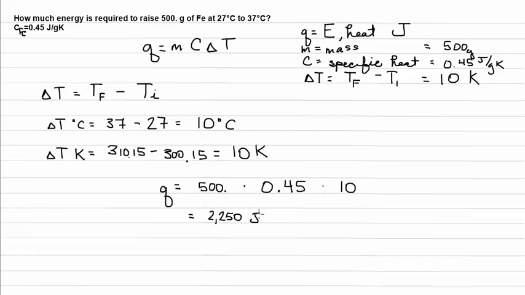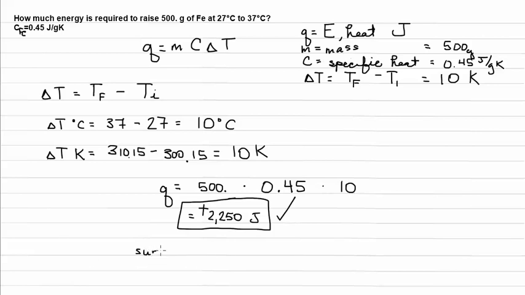Now you need to take a step back and think about this for a second and make sure you have the right sign. The iron is getting hotter. Since the iron is getting hotter, it is gaining energy. Gaining energy should be a positive value, and that's what we got, so that makes sense. So if it took 2,250 joules in order to raise that iron, how much energy was lost by the surroundings?